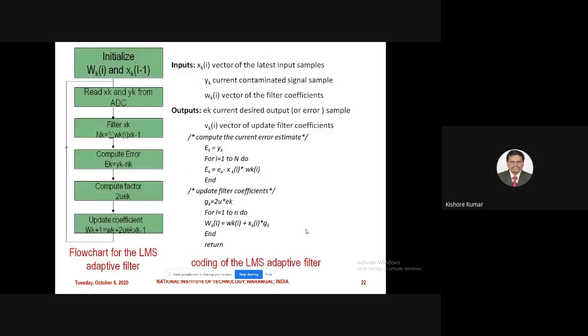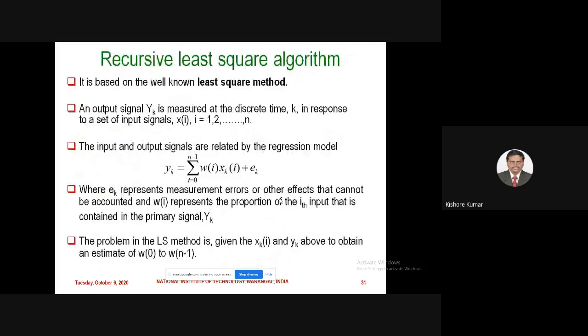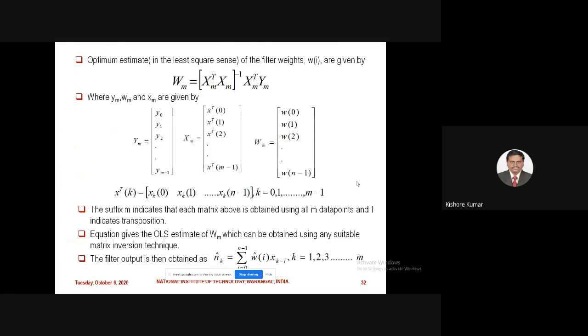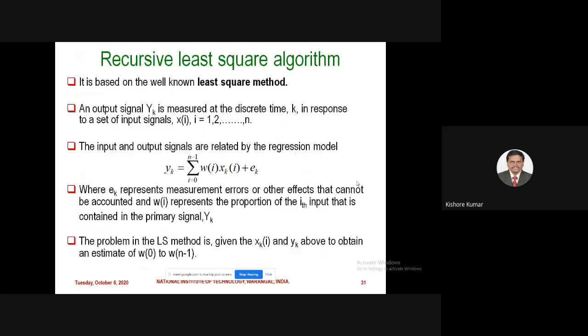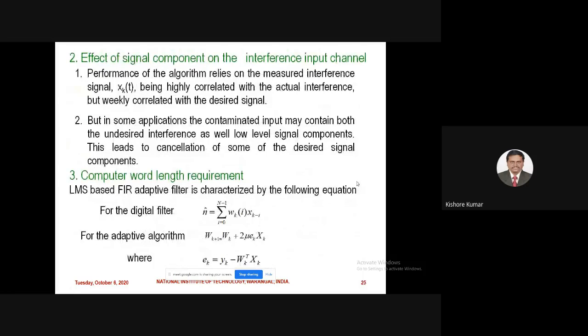There are other things as well, other LMS-based algorithms like fast LMS, recursive, and Kalman. It is not necessary; I just told you this for an idea. So this is another domain, adaptive algorithms.